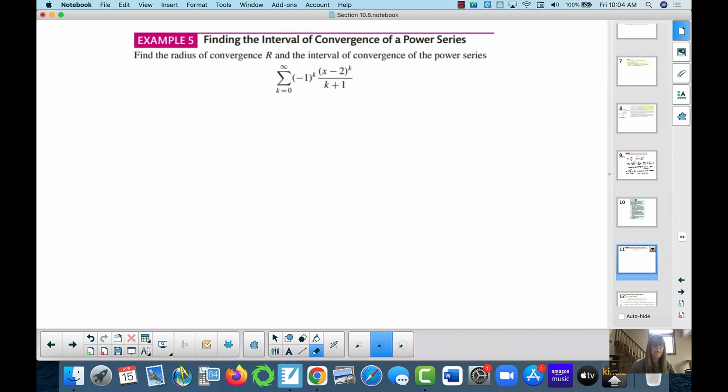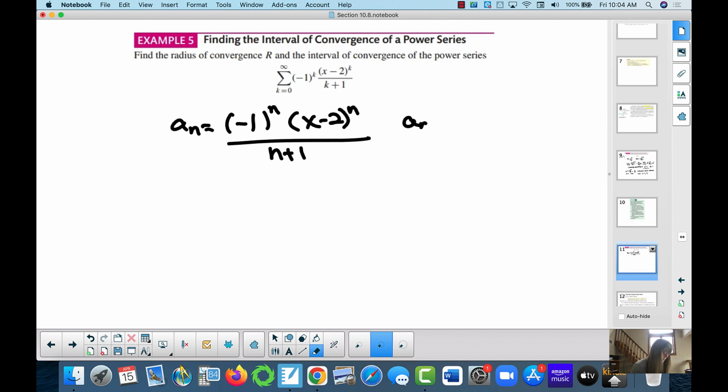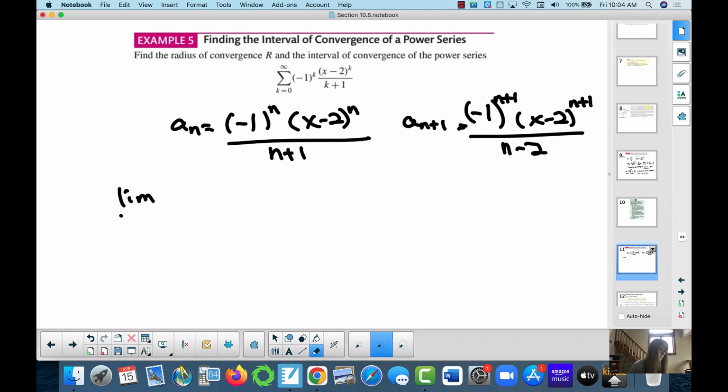So in this example here, a sub n is going to be -1 to the n power, x minus 2 to the n power, over n plus 1. A sub n plus 1 is -1 to the n plus 1 power, x minus 2 to the n plus 1 power, over n plus 2.